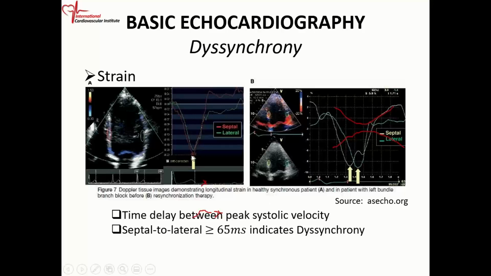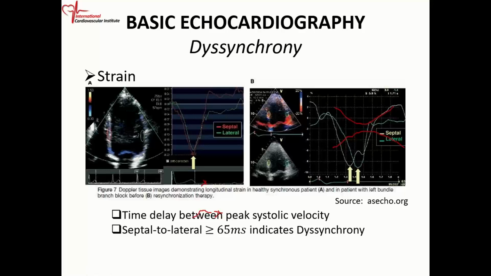The peak systolic velocity is supposed to superimpose. There's a difference. Okay? So if the septal to lateral wall peak systolic velocity time difference is equal to or more than 65 milliseconds, that also indicates dyssynchrony.